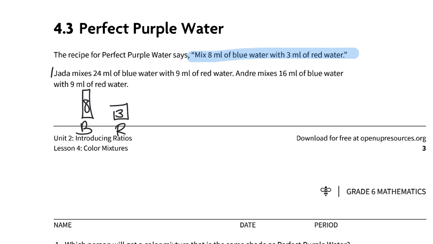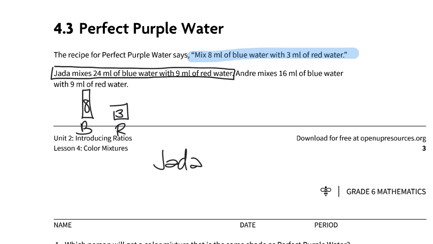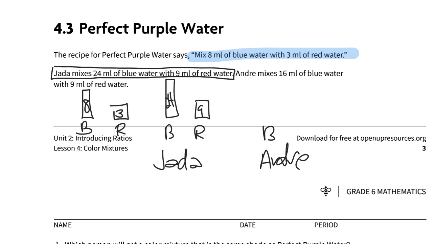Now, Jada mixes 24 milliliters of blue with 9 milliliters of red. So if we look at Jada, and I'll put Jada down here, Jada, her ratio is going to be 24 blue and 9 red. And then Andre, A-N-D-R-E, Andre is doing 16 blue and 9 red.